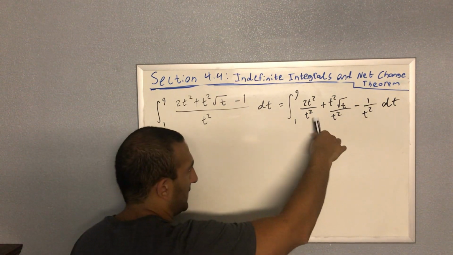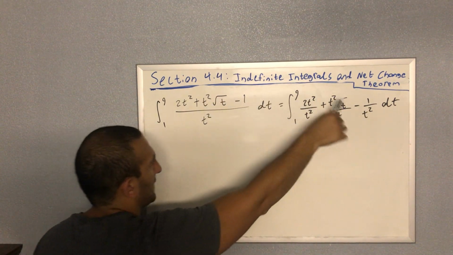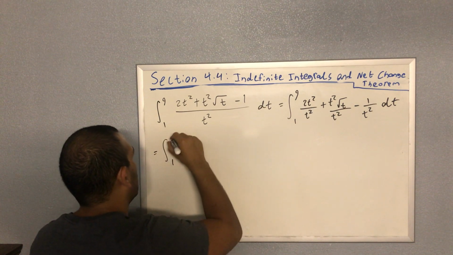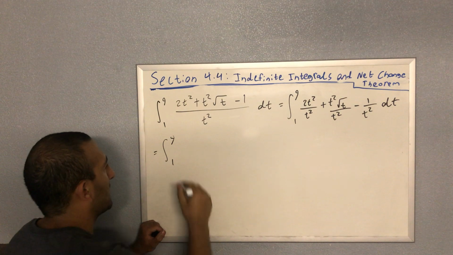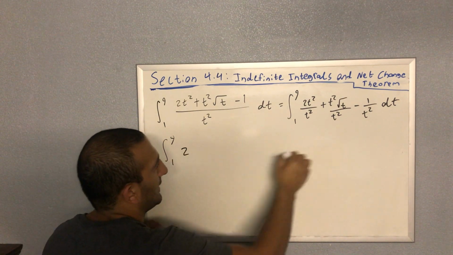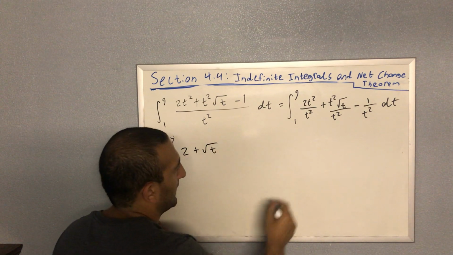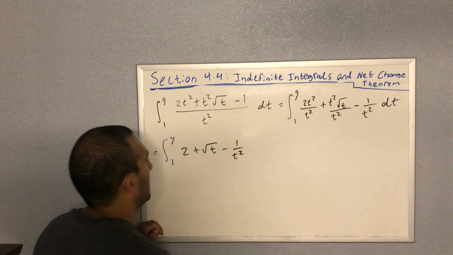Because these all have the same denominator. You can combine them to get this back. So these are equivalent things. Now we have 1 to 9. Okay, so what's t squared over t squared? That's just 2. And then these t squareds cancel to just give root t. And then this is just minus 1 over t squared.